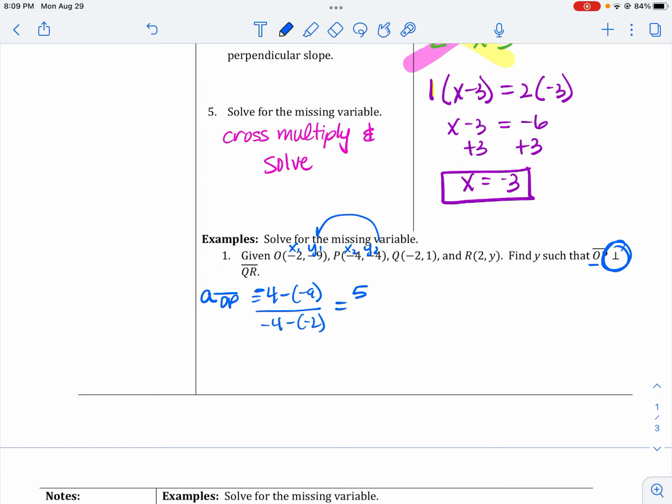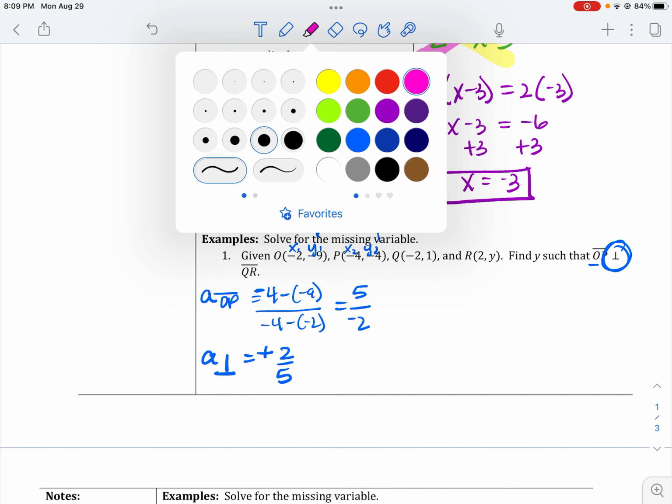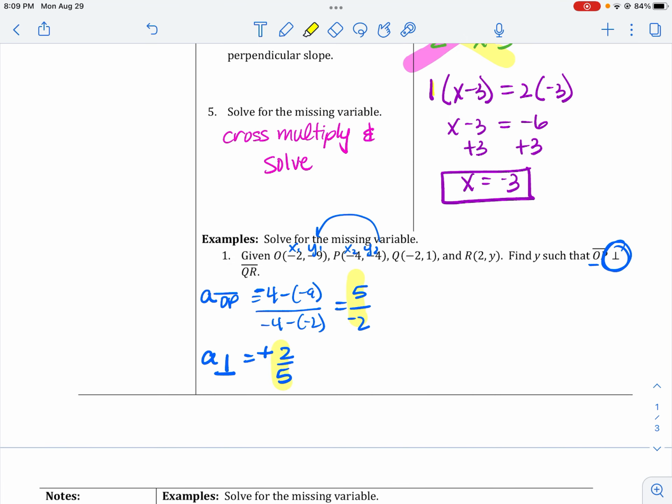That's 5 over negative 2. So then, perpendicular slope, change the sign and flip the fraction. So when we compare these two fractions, they're opposite reciprocal slopes.